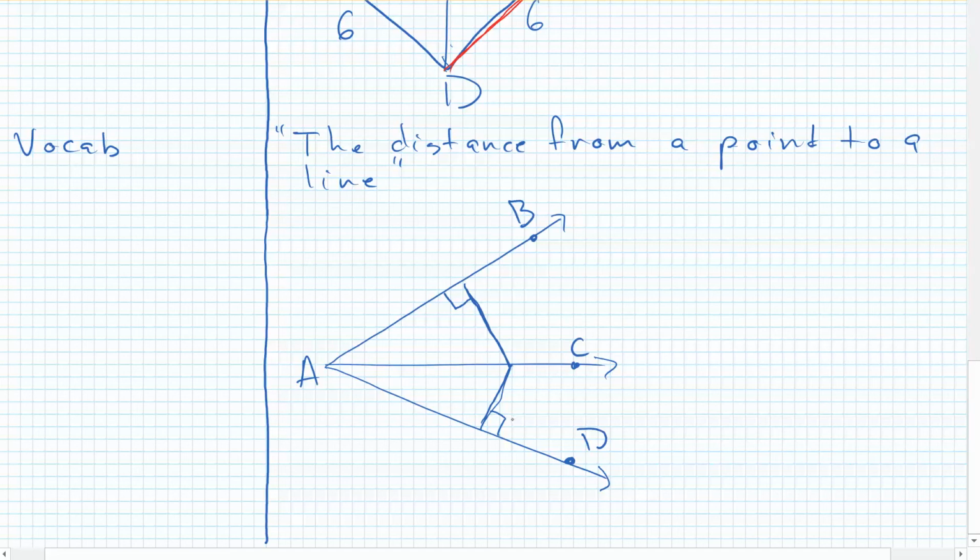And what this hinges on is both of these perpendicular lines passing through the same point. So again, we need a perpendicular line here and a perpendicular line here.